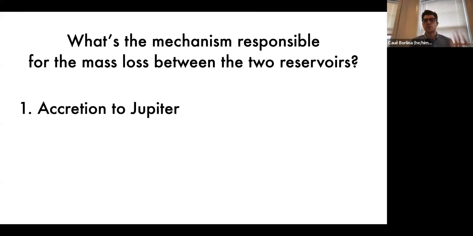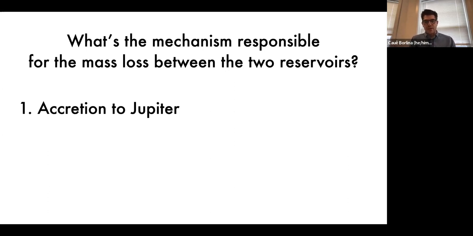The first one is accretion to Jupiter. A hypothesis has been proposed before that the reason we observe those two reservoirs in the early solar system is that Jupiter created those two regions, or kept them apart, in the very beginning of the solar system. So it is completely possible that Jupiter is responsible for the mass loss associated with those two regions.